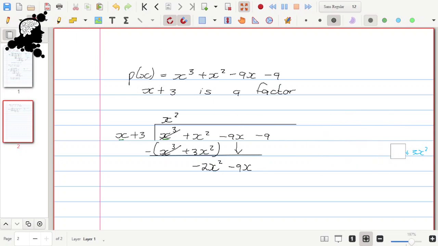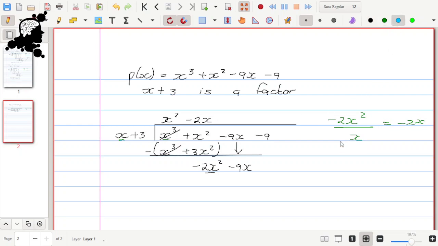So this time around we take the negative 2x squared and we divide it by the first term in our factor. So negative 2x squared divided by x is going to give us negative 2x. What you do is you put the negative 2x up there.